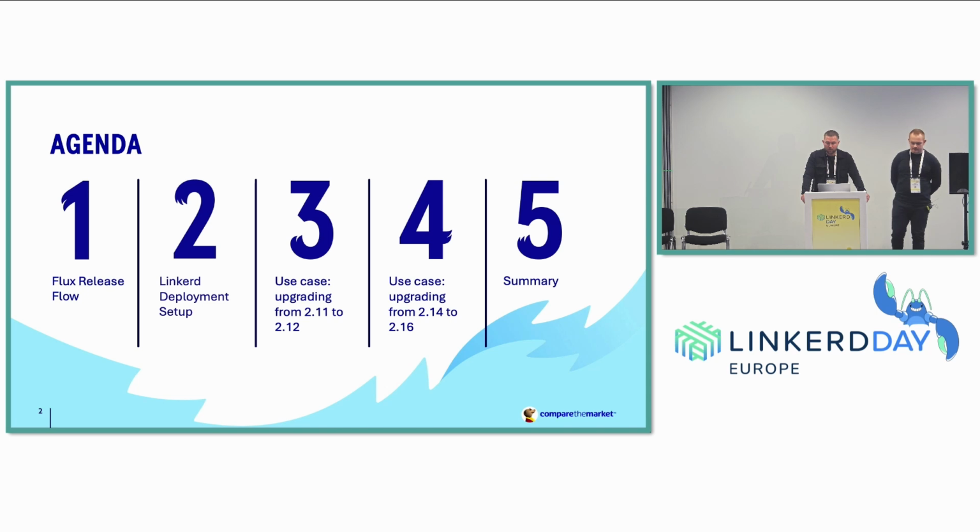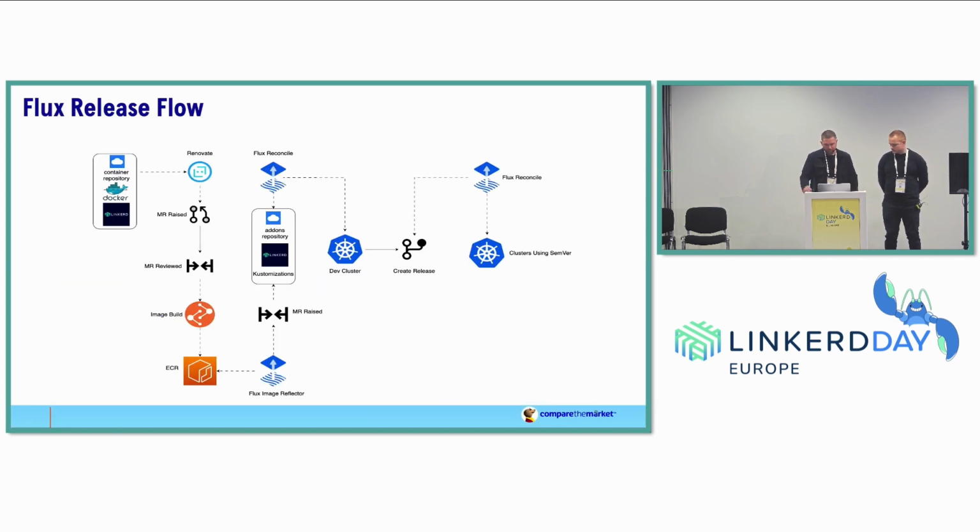We'll then follow on with another use case, this time upgrading from 2.14 to 2.16 Enterprise, highlighting lessons learned from a more complex migration. And finally, we'll wrap up with a summary, giving you some takeaways and best practices for managing Linkerd upgrades with Flux. By the end of this session, you'll hopefully have a clearer understanding of how we use Flux to automate and simplify Linkerd upgrades. So let's dive in.